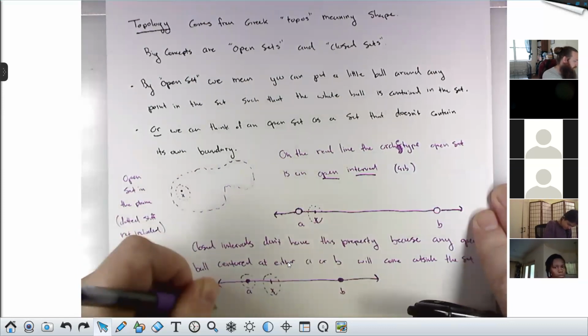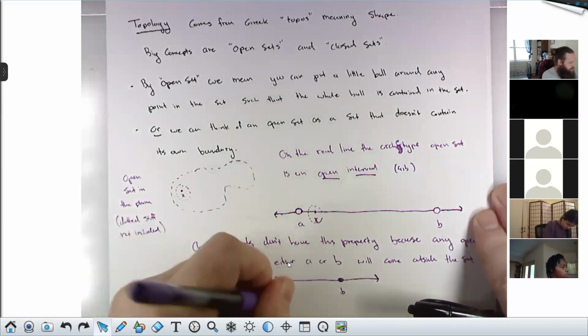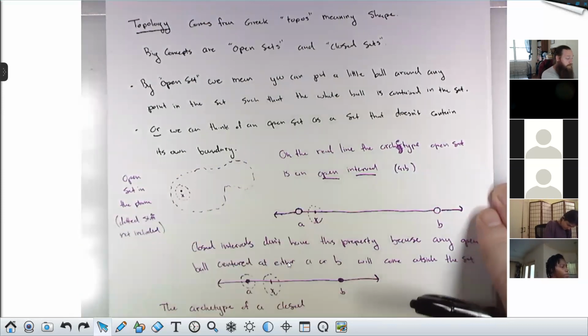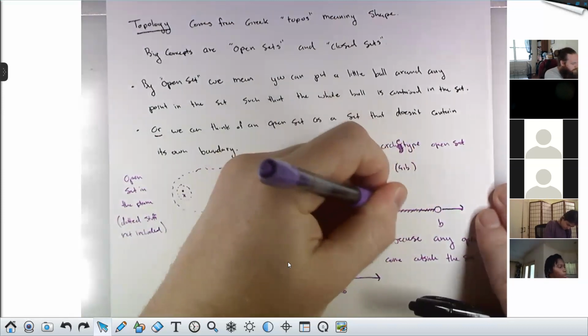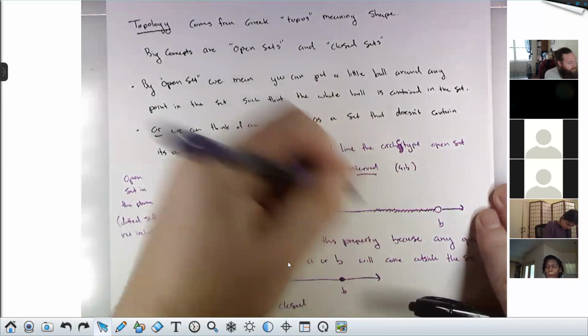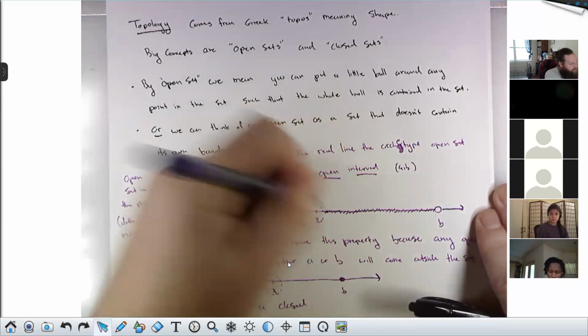Are you talking about the open set is A and B, those 2 points? No, let me be a little more clear here. It's the things between those 2 points, not including those 2 points themselves.